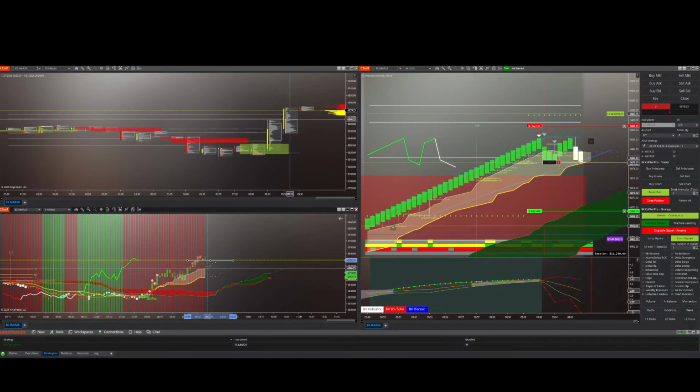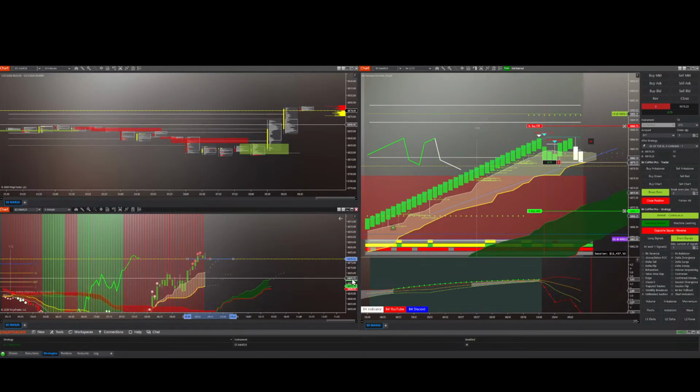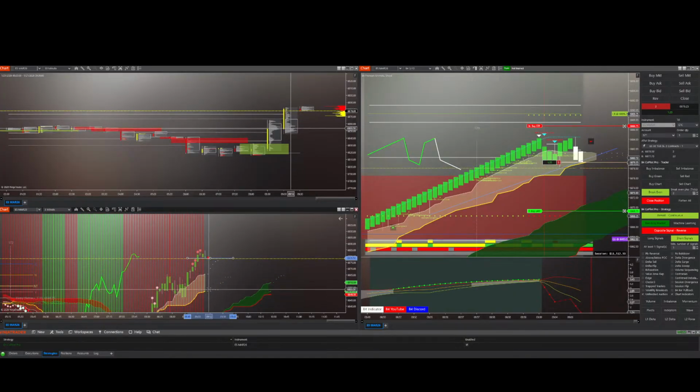In this particular instance, on the 3-minute chart, you'll see that we have a 3-minute Ichimoku chart here. That was wave 1. We expected to pull back and touch the Tenkan-sen. Now we're expecting that to pull back and touch the Kijun, which, if you know Ichimoku, is right here.